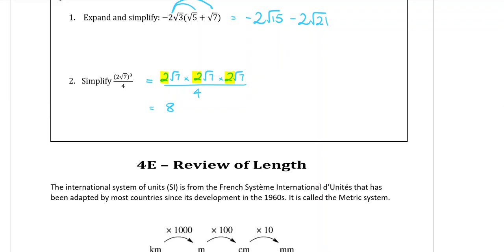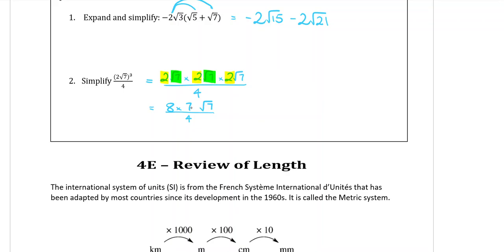But also, we can do root 7 times root 7, because that makes a whole number. Root 7 times root 7 is 7. And then we still have one more root 7 that would need to stay in there, over 4.